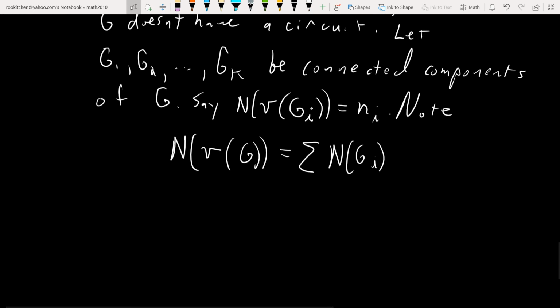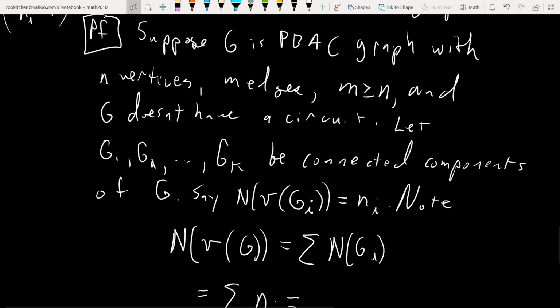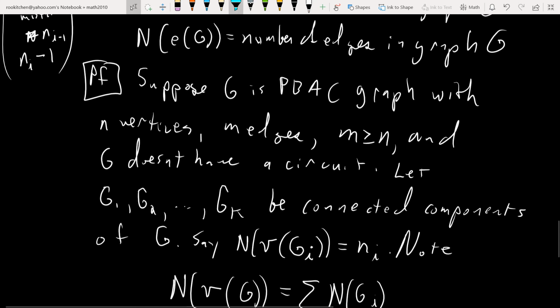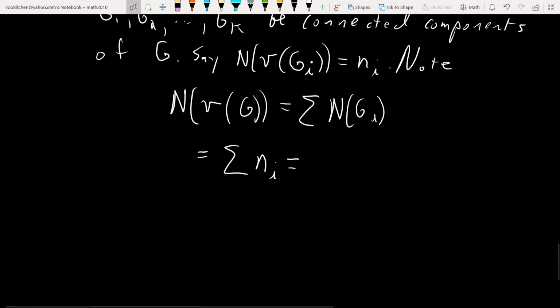The number of vertices on each particular connected component is just n sub i. And the total number of vertices is given back here in the beginning of our supposition, right? So the number of vertices on G is n. So the number of vertices from the connected components will add up to equal the number of vertices on the overall graph, which is n.